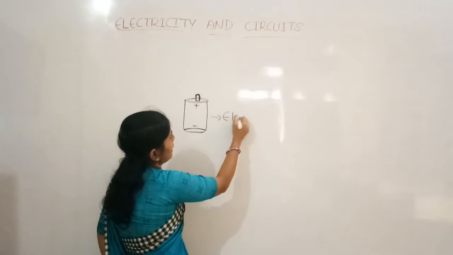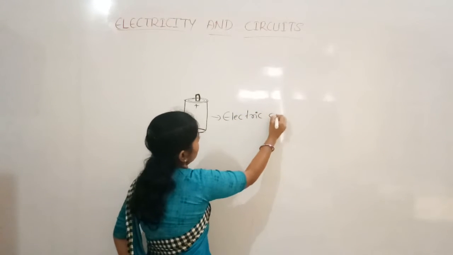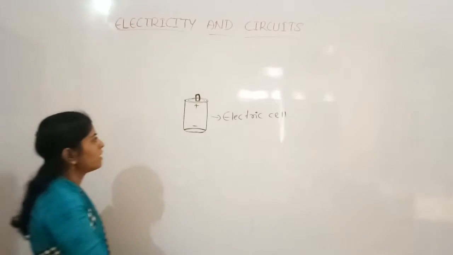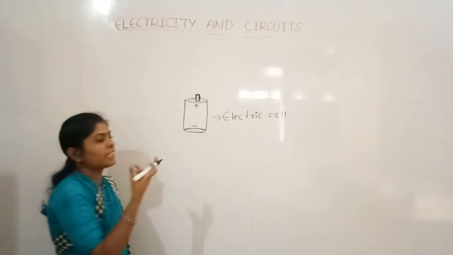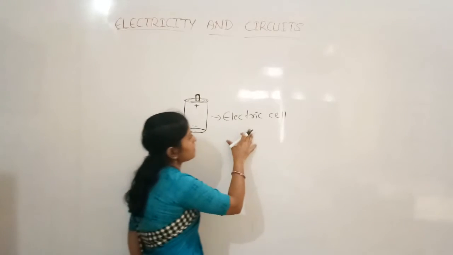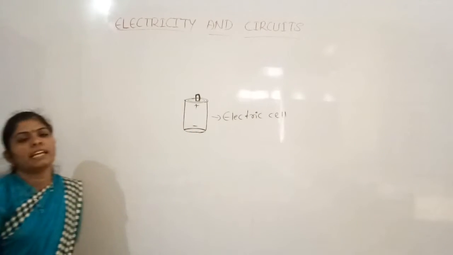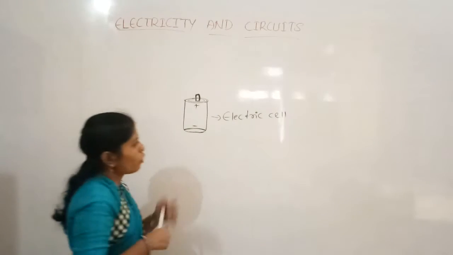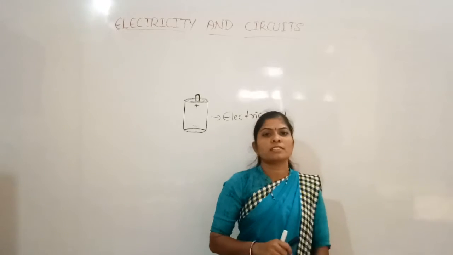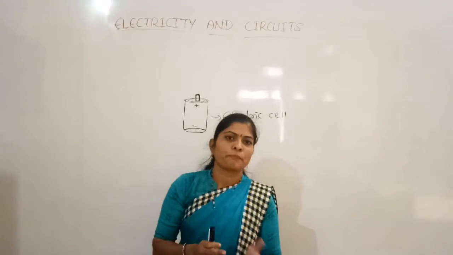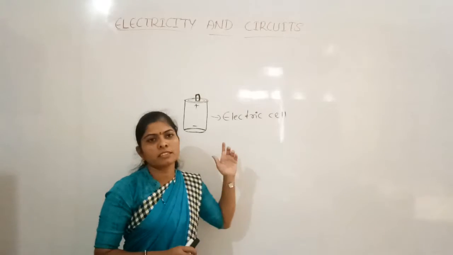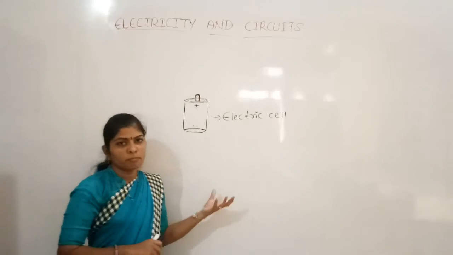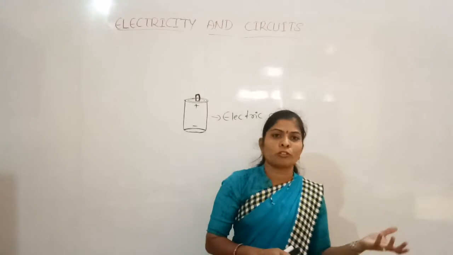So these are the two terminals in the electric cell. This is an electric cell, and in this electric cell there are two terminals, positive and negative. We know that, and the electric cell is the source of electricity. Also in our previous class, we discussed in which cases the bulb connected with this electric cell will glow, and when the bulb will not glow.